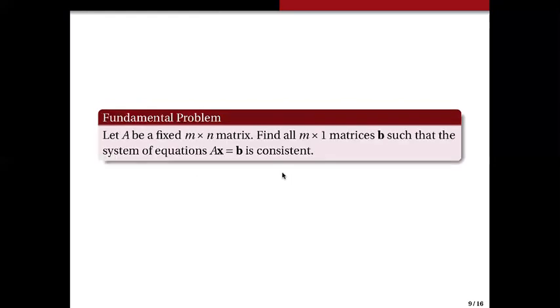Next, we want to know if a system of linear equations is consistent or not. So the fundamental problem is, let A be an m by n matrix. Take note, our A is not necessarily a square matrix. Or I think my statement is confusing there. What I mean is that your A may not be a square matrix.